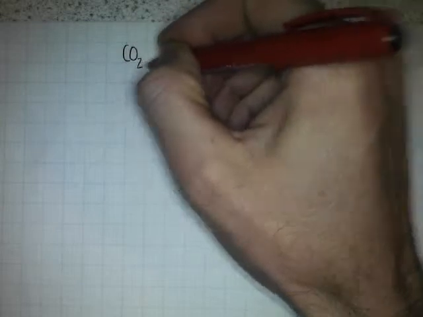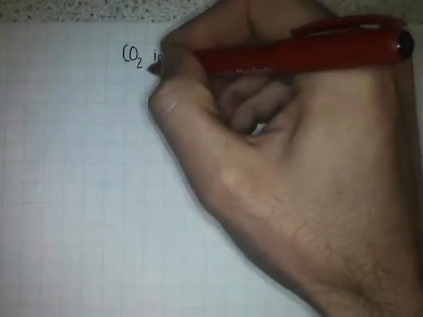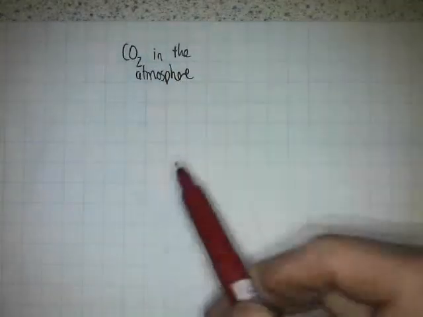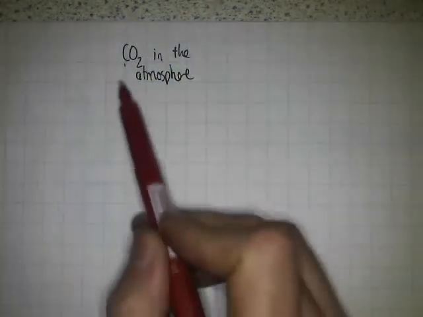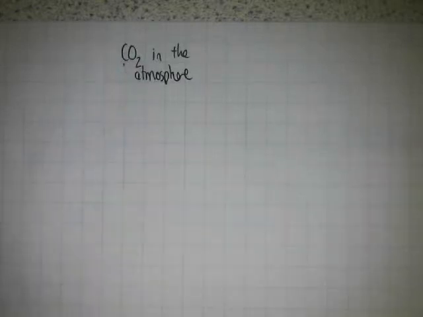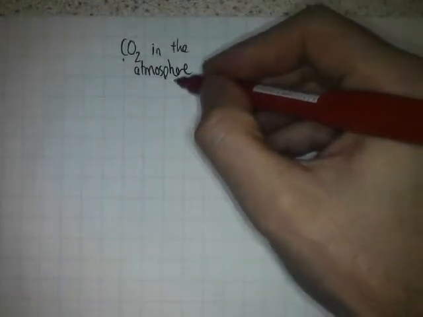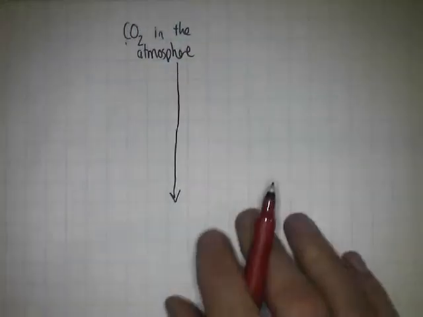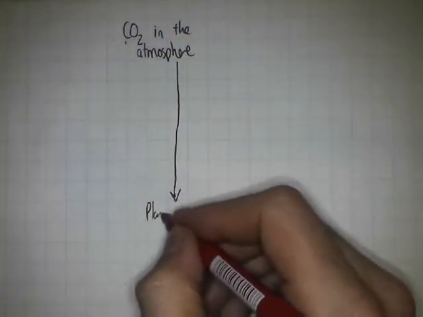So, we're going to start with carbon, CO2, in the atmosphere. So carbon is there as a compound, carbon dioxide. Now, carbon comes down from the atmosphere into plants.